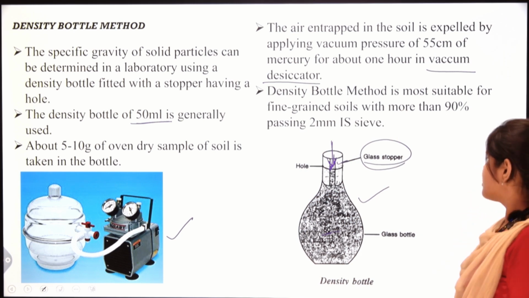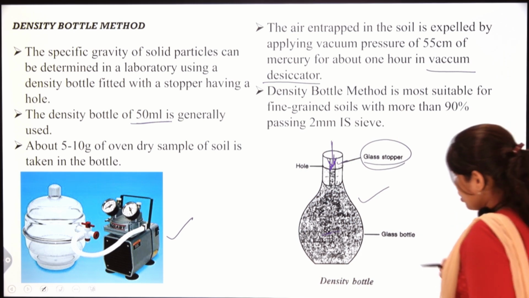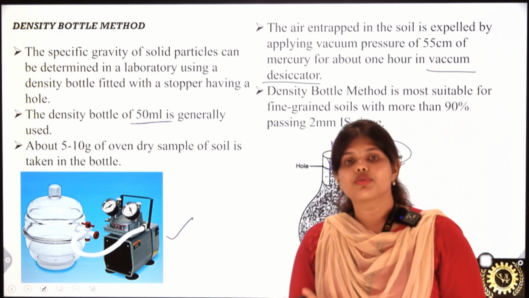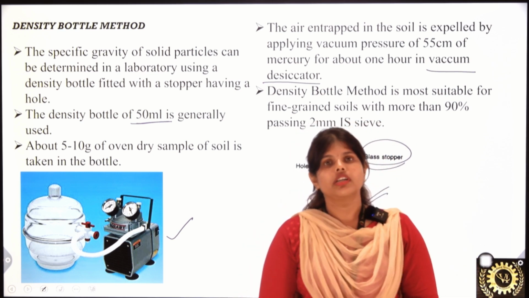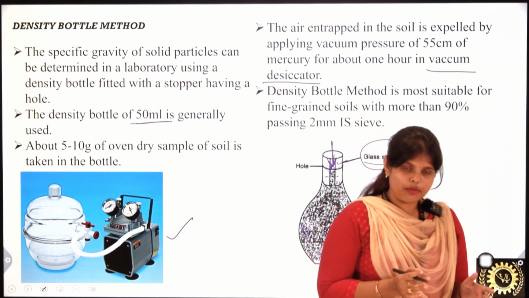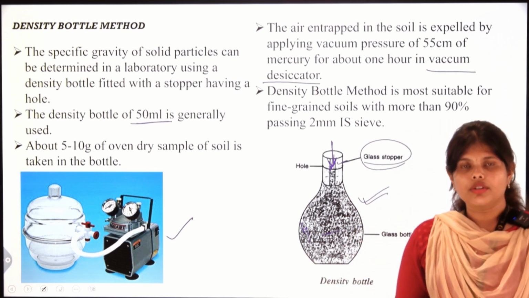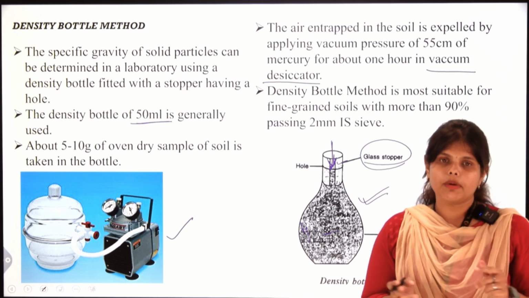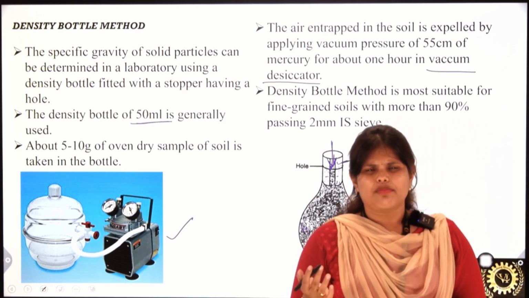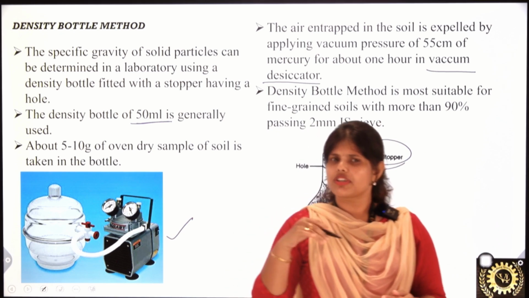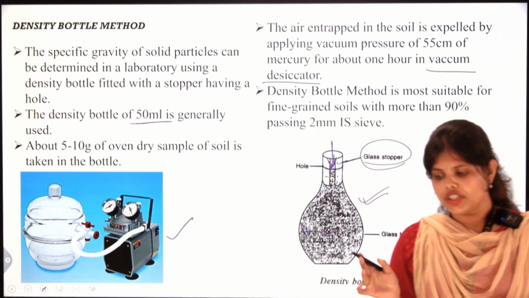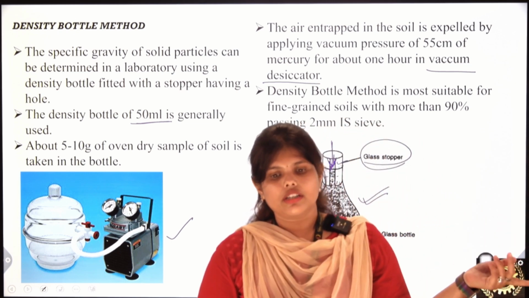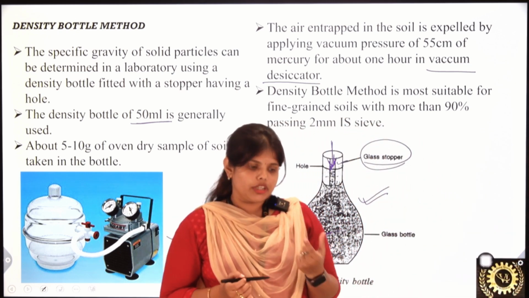The density bottle method is useful for which type of soil? It is useful for fine grained soil, about 90% of which passes through a 2 mm sieve. In the next classes we will discuss classification of soil, but now we need to know what fine grained soil and coarse grained soil are, because in water content and specific gravity we also use those words.